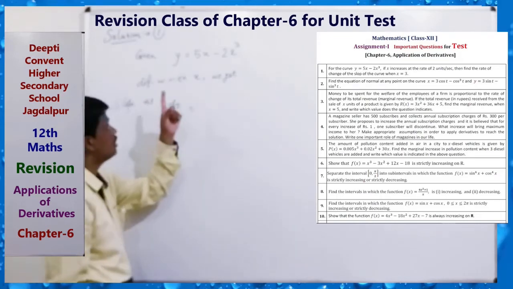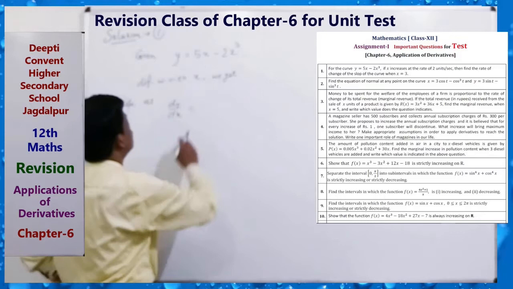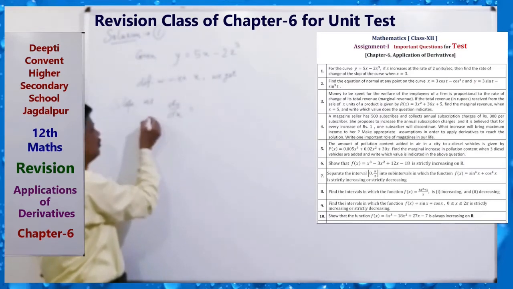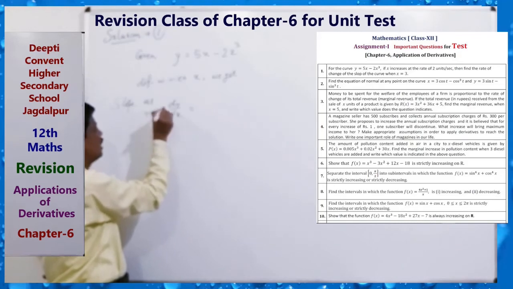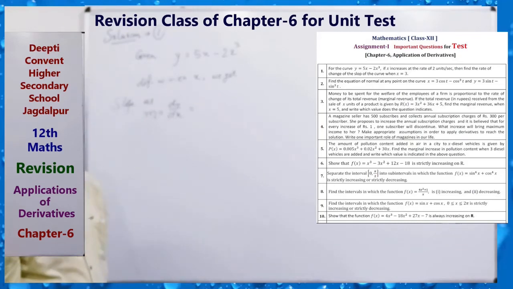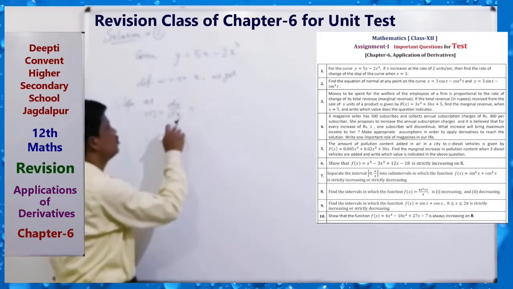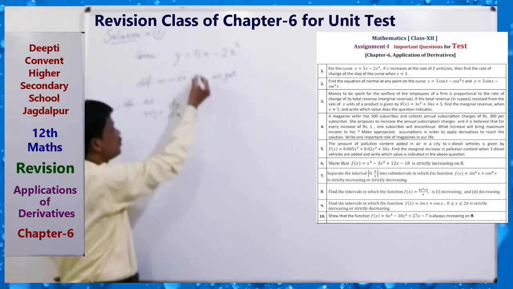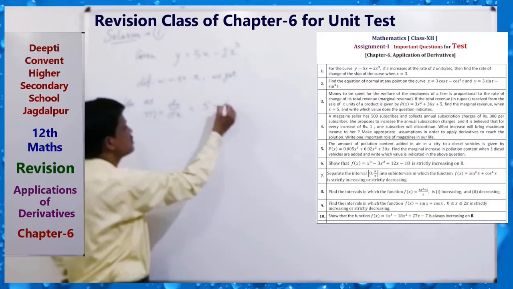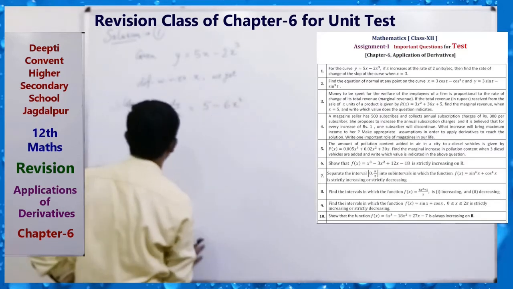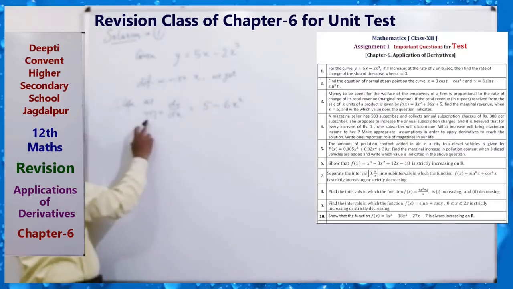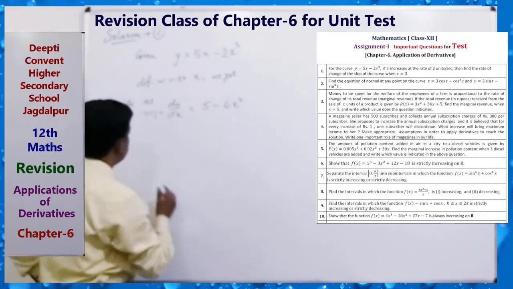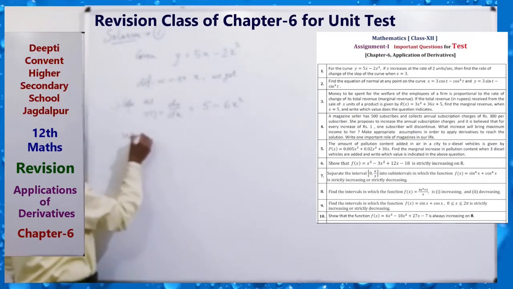Suppose slope is denoted by small m. Then m equals dy by dx, which equals, with respect to x, 5 minus 6x square. Clear? So m, the slope, is a function of x.